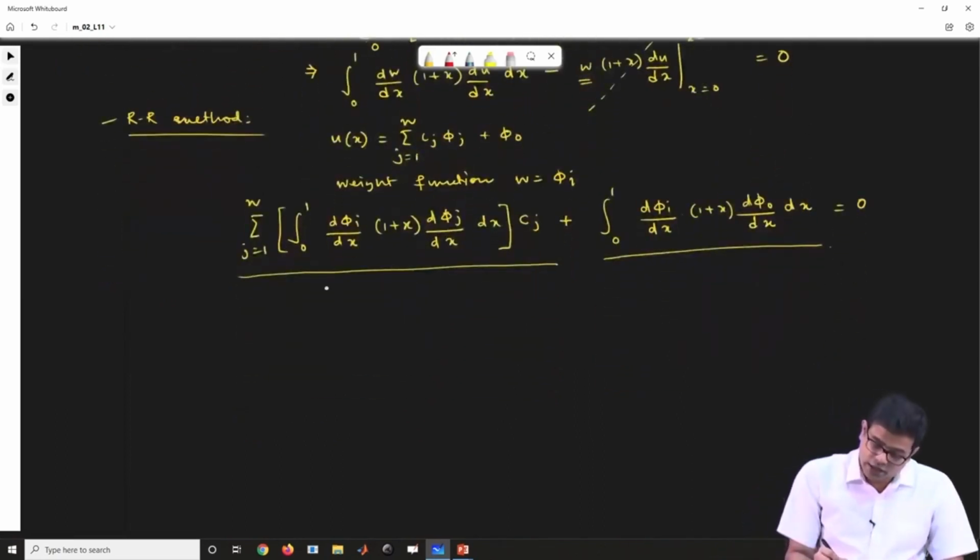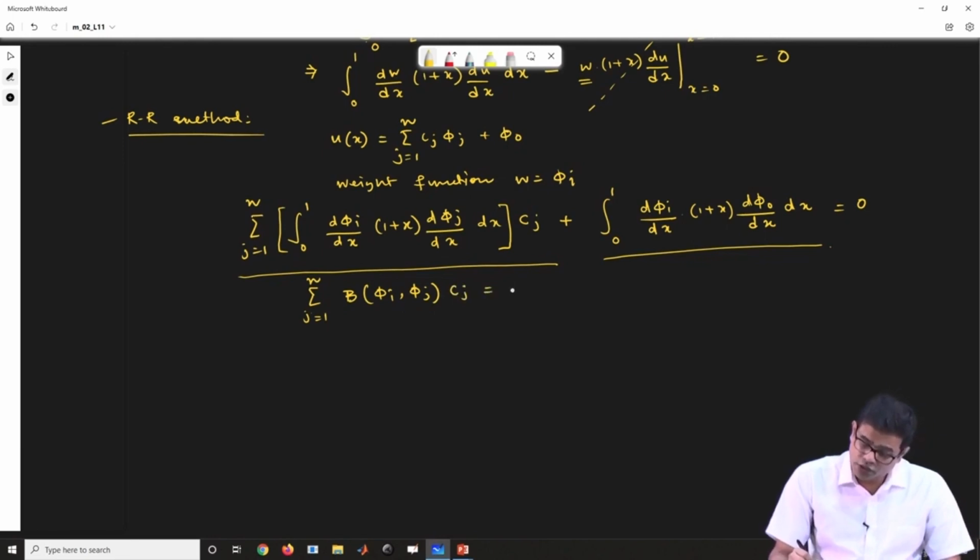let us now represent it. So this is nothing but the summation of j equals 1 to n of B(φi, φj) into Cj equals L(φi).